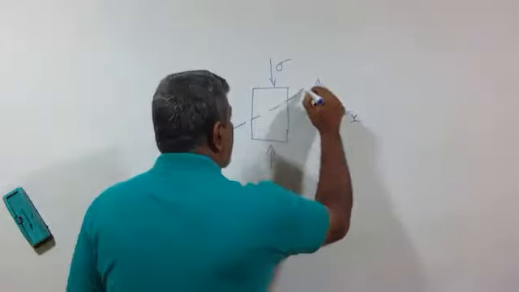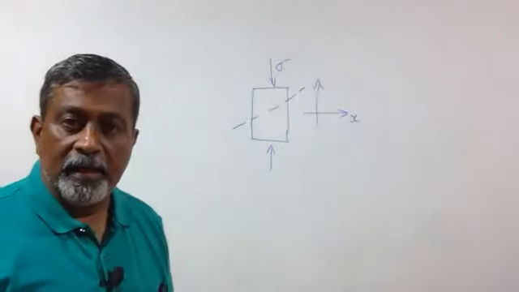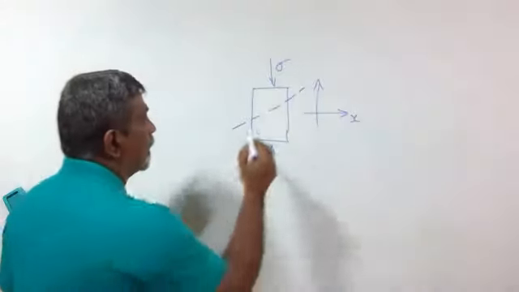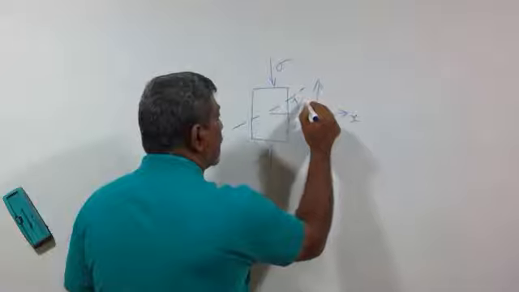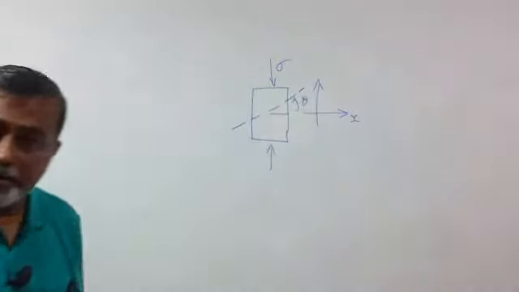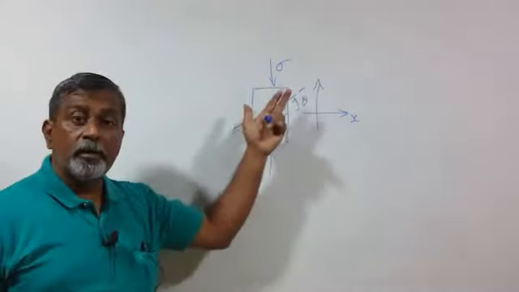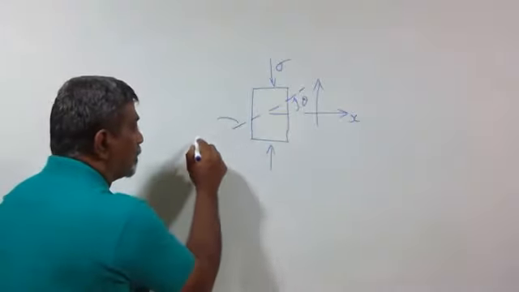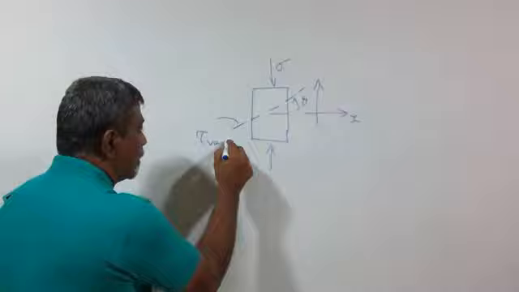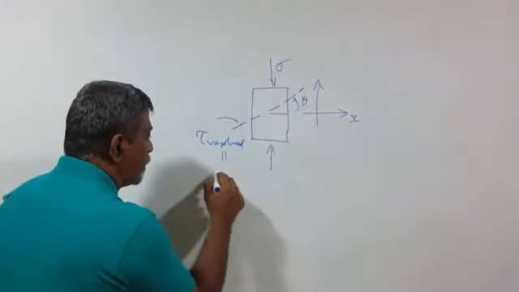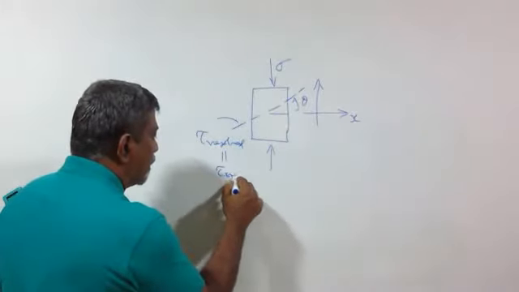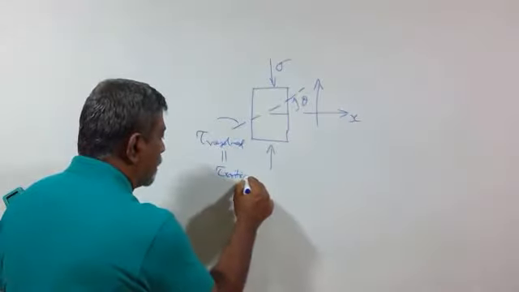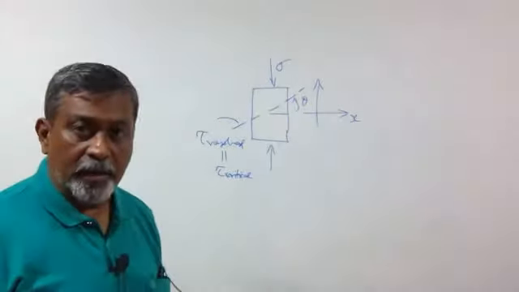This, let us say, is a weak plane at an angle theta with respect to the x-axis. Now, in order to find out when this particular solid will fail, I will find out the tau resolved and equate it to tau critical in order to get the answer, right?